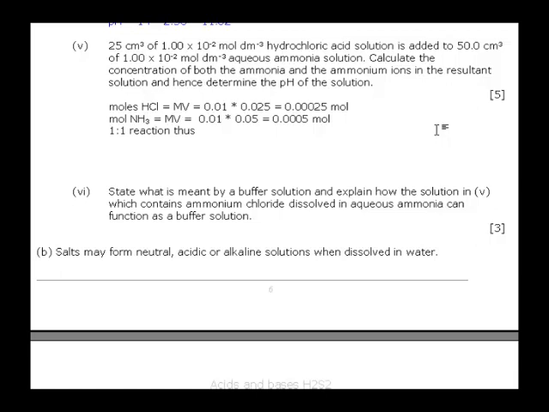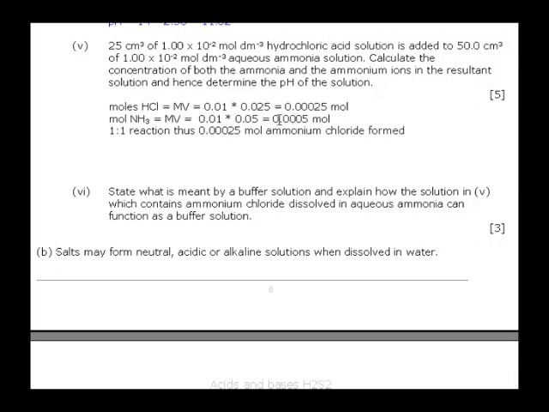Thus, the larger of these two, which of course is the ammonia, is in excess. So all of the hydrochloric acid turns to ammonium chloride. So we have 0.00025 moles of ammonium chloride formed.